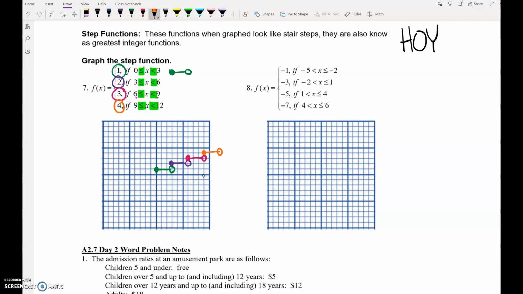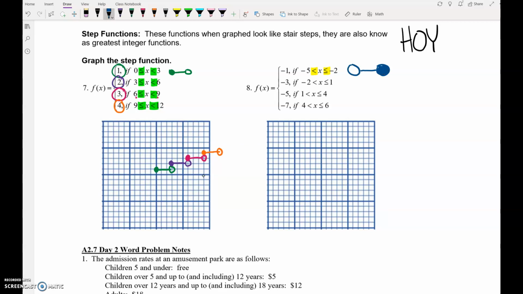Okay, let's talk briefly about number 8, and then I want you to take the chance and try it on your own. First of all, look at our symbols here. Where are we going to have the open dot? On the left or on the right? Left. So this time it's open dot on the left, closed dot on the right.